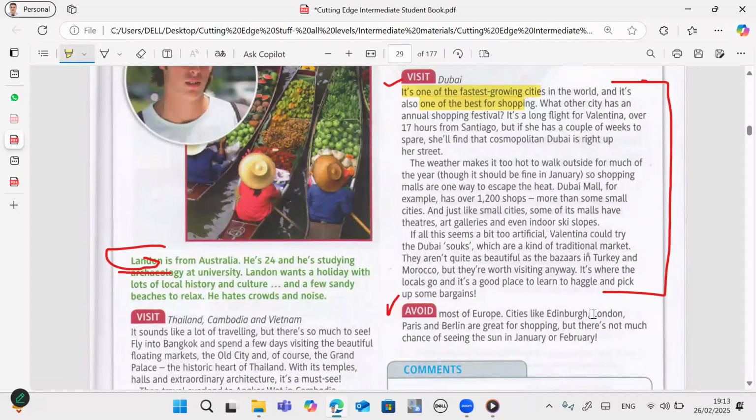Teacher, what does spare mean? So again, what does spare mean?